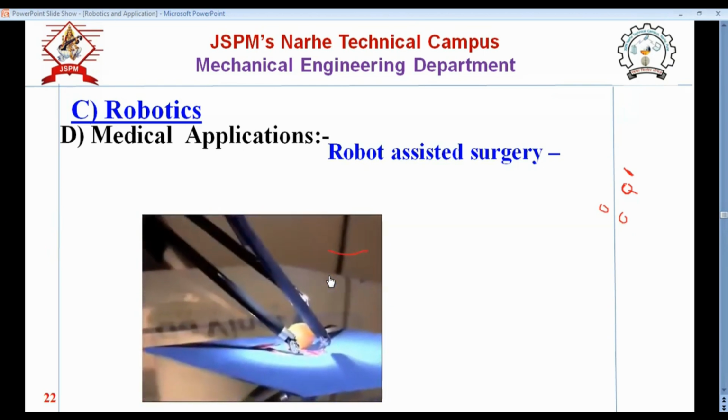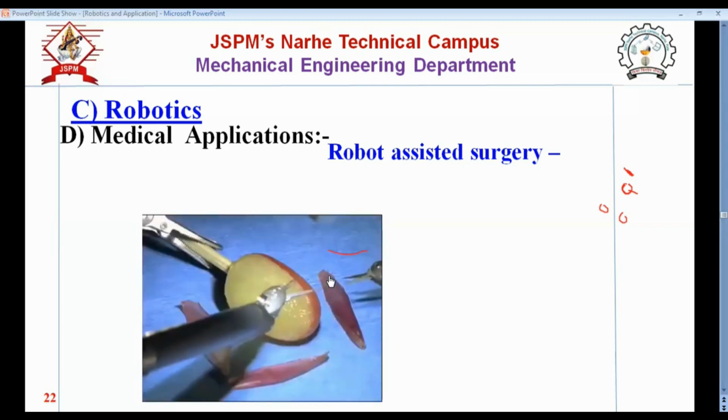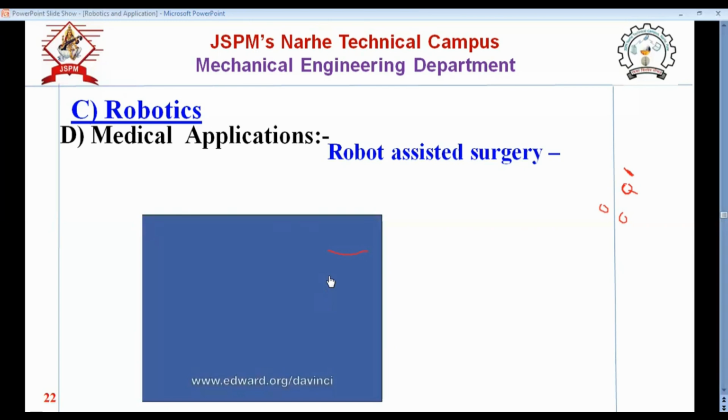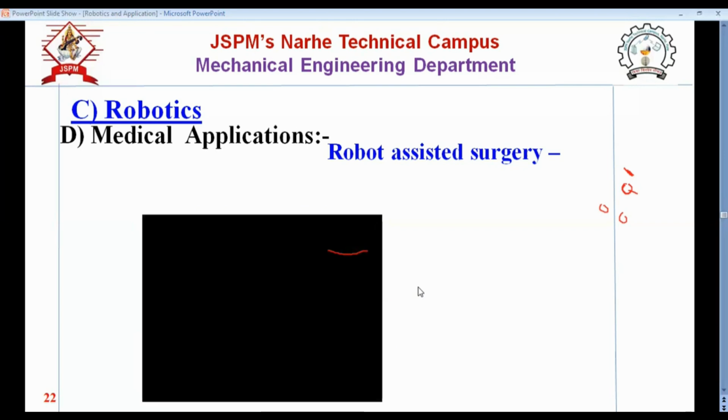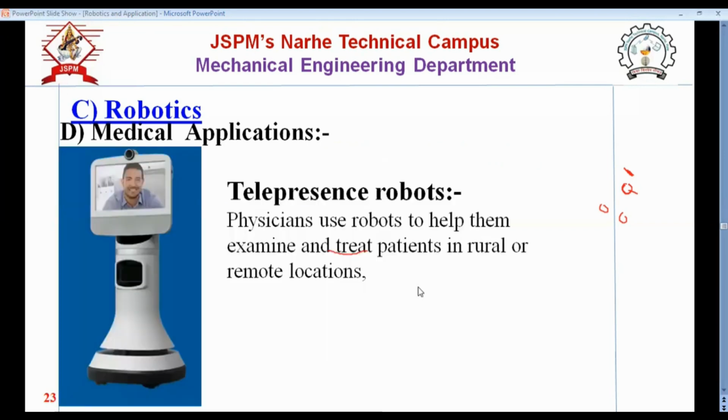We only need a very good internet connection. See how perfectly the skin is removed. This skill is needed by the doctor. So even though robots are available, we cannot directly go and perform the surgery. The surgeon has to practice a lot to be efficient.